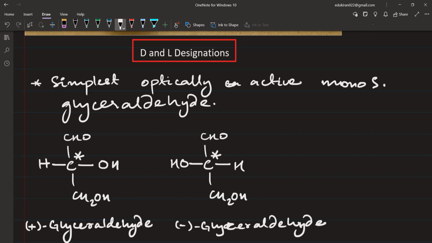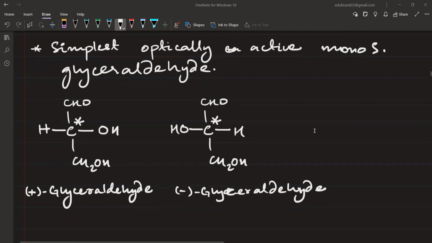हाँ, प्लस जो होता है आपका, this will rotate the plane polarized light in the clockwise direction.